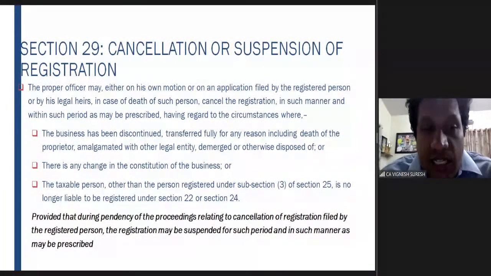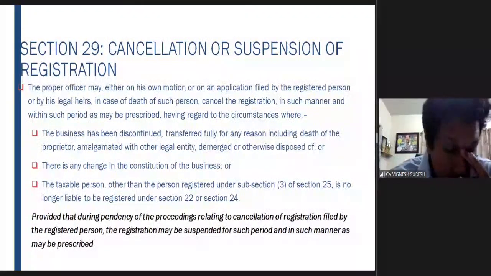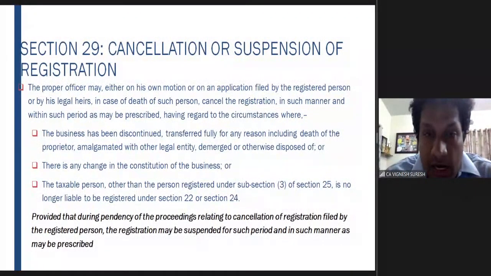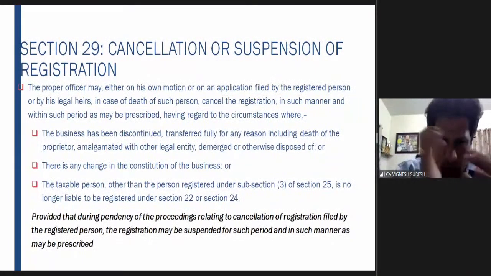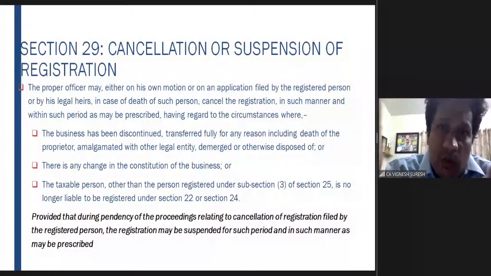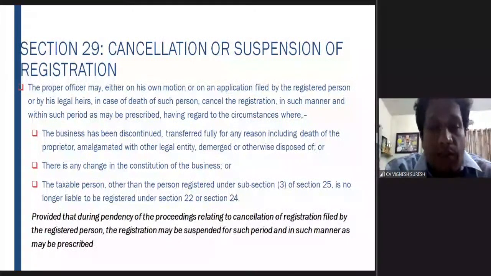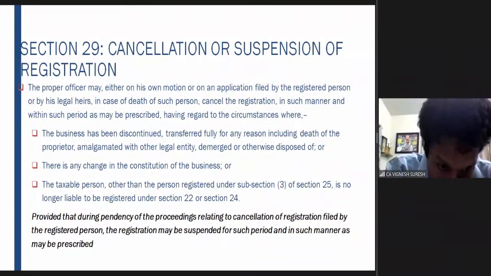Where there is a change in constitution of the business, as I told you, if one type of entity is converted to the other type, there also the registration can be cancelled. Then the taxable person is no longer liable to be registered under Section 22 or Section 24, meaning his turnover falls below the threshold, so there is no need to be registered.